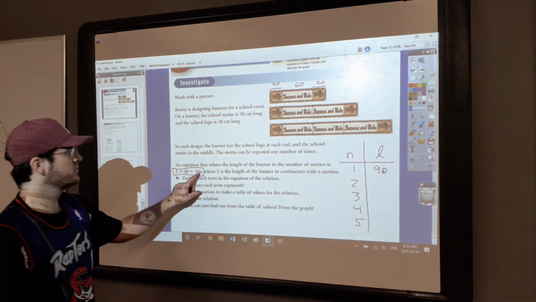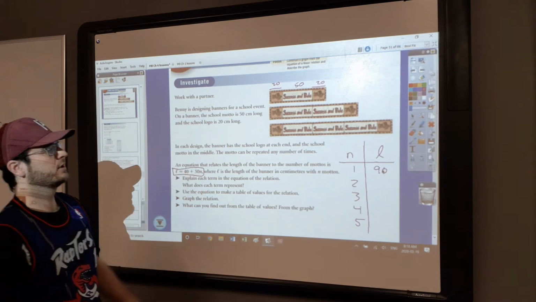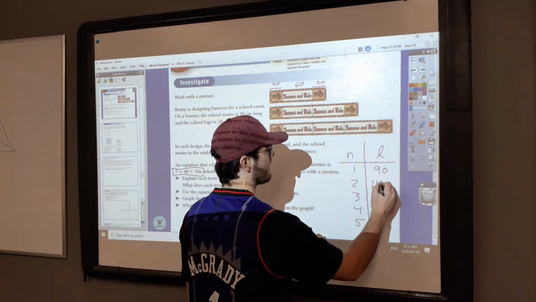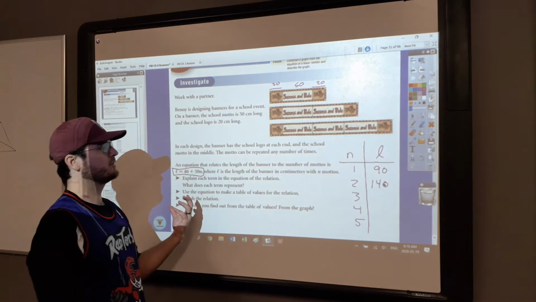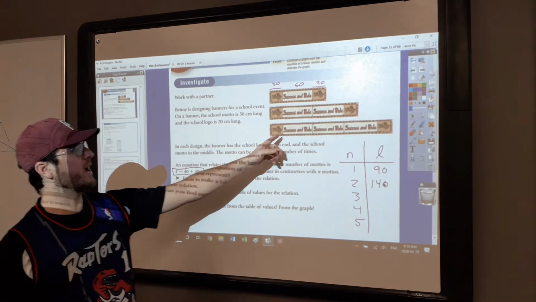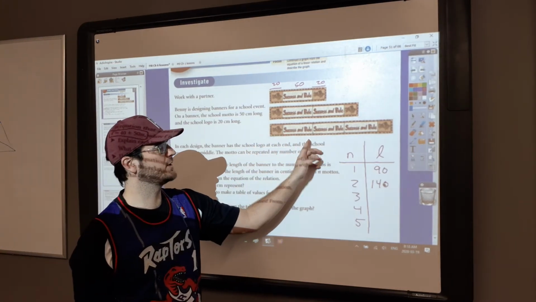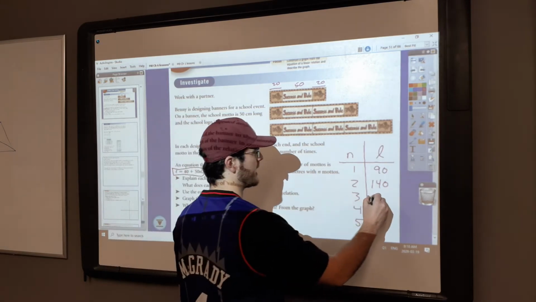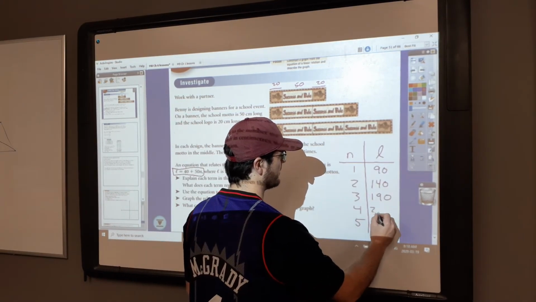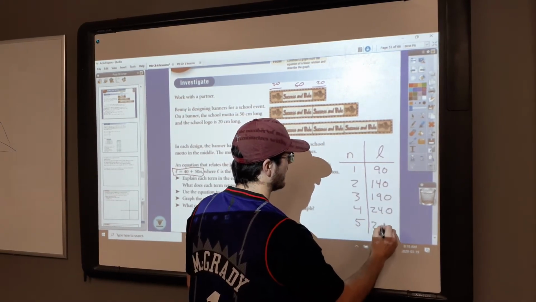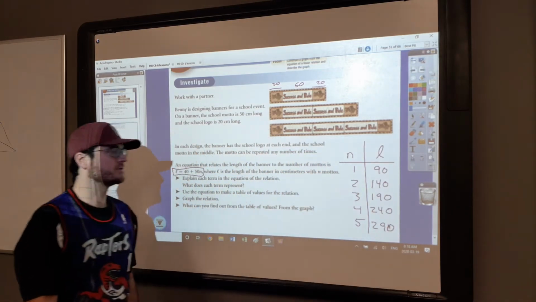If there's going to be 2, I plug in 2, I get 100, 140. Okay, and basically you know that for every banner that you add, or any model that you add, you're going to add another 50, so you might already be able to see what pattern is going to emerge here when you plug in the table of values.